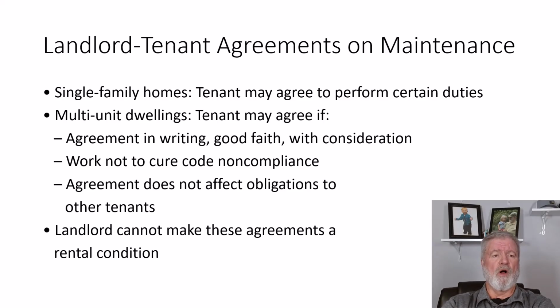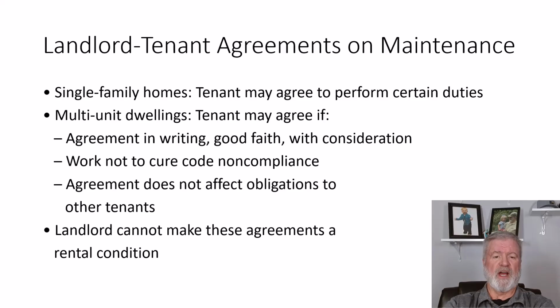Again, there must be consent and agreed to in writing. But with multi-unit dwellings, it says the tenant may agree if, again, the agreement is in writing, it's in good faith, and with consideration, typically meaning compensation. You got to pay the tenant to do certain things. But it can't be things that would be due to code noncompliance.